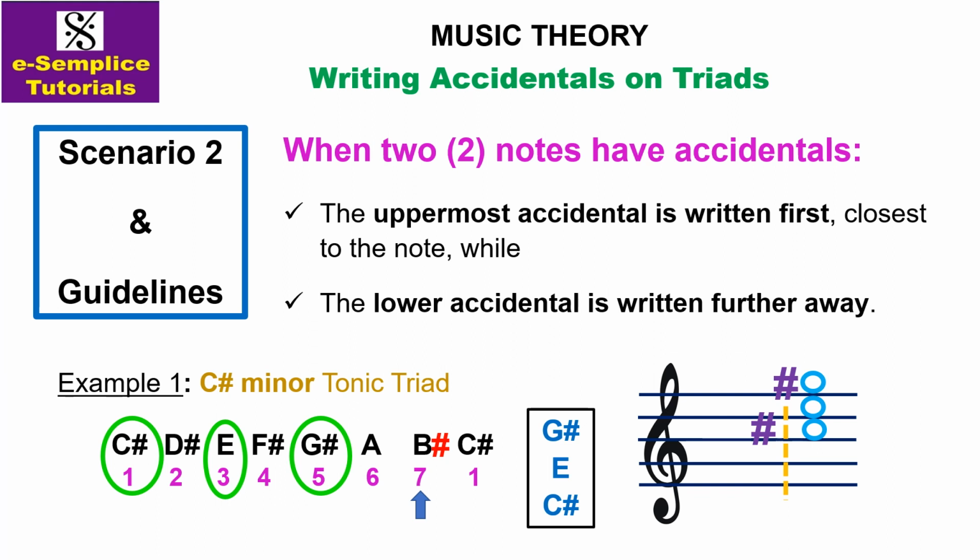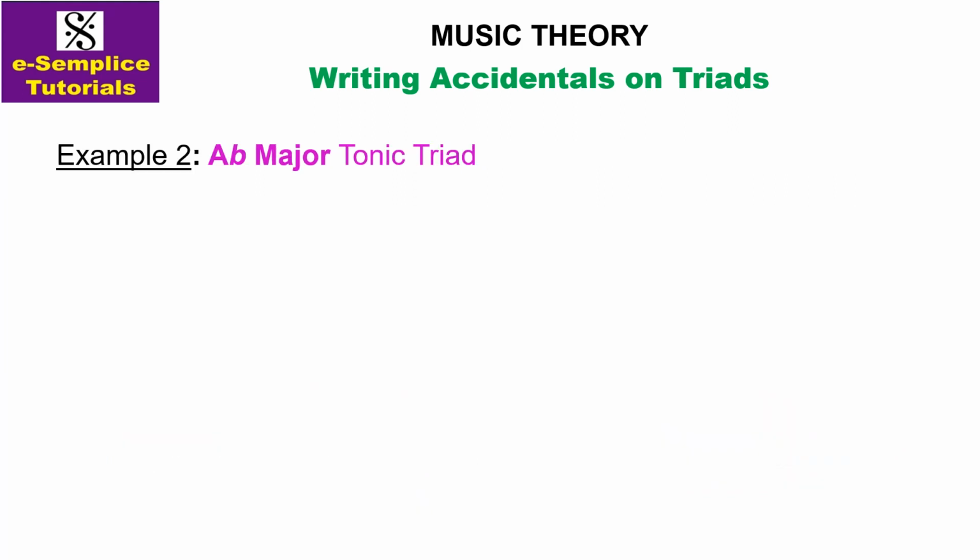Do not write the sharp of C directly under the sharp of G. Respect that space occupied by the sharp of G, and then move the sharp of the tonic further away from the note. This is now correct.